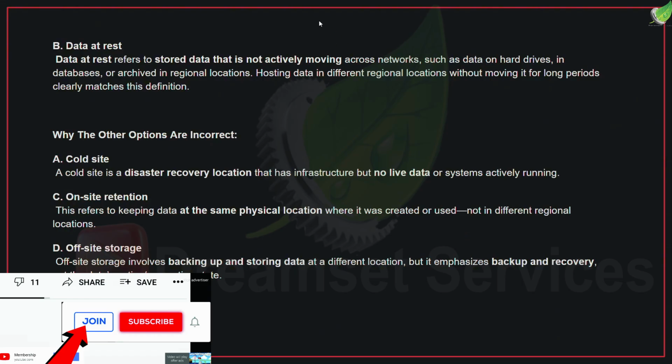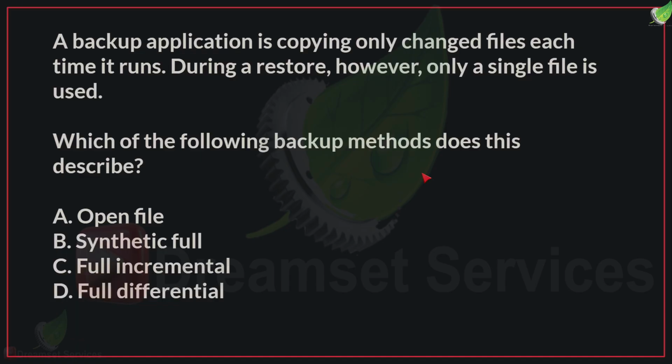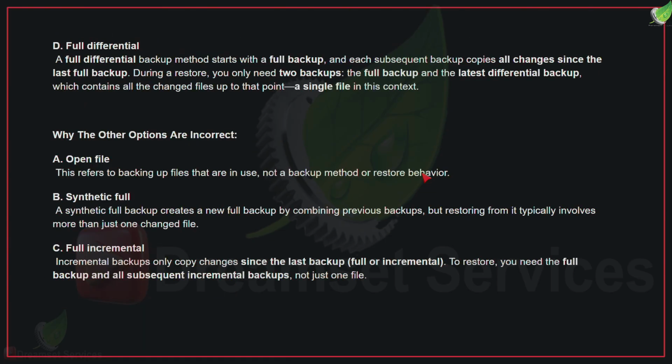Data at rest. A backup application is copying only changed files each time it runs. During a restore, however, only a single file is used. Which of the following backup methods does this describe? The correct answer is D. Full differential.